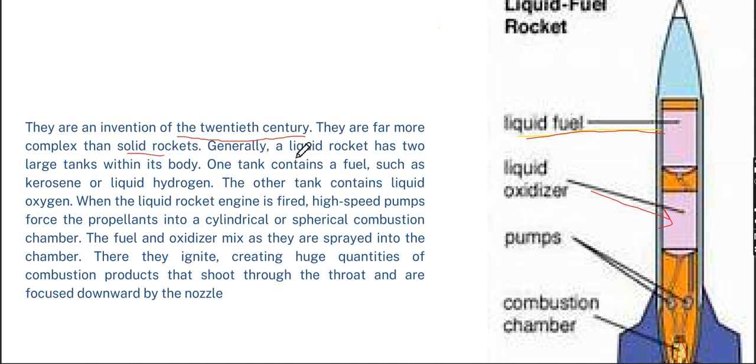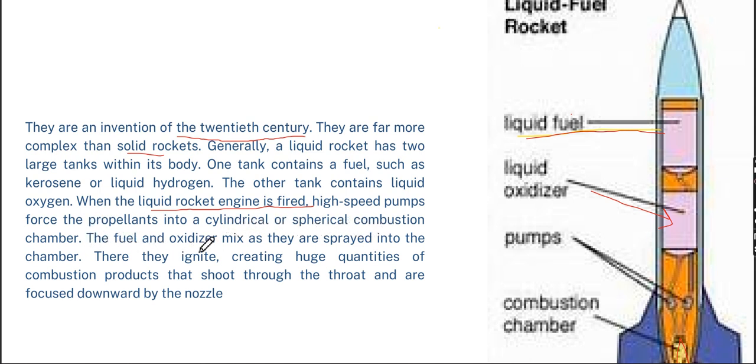Generally, a liquid rocket has two large tanks within its body. One tank contains a fuel such as kerosene or liquid hydrogen. The other tank contains liquid oxygen. When the liquid rocket engine is fired, high-speed pumps force the propellant into a cylindrical or spherical combustion chamber.